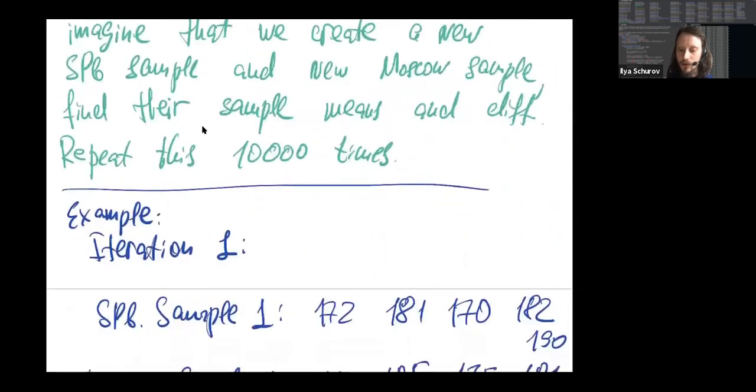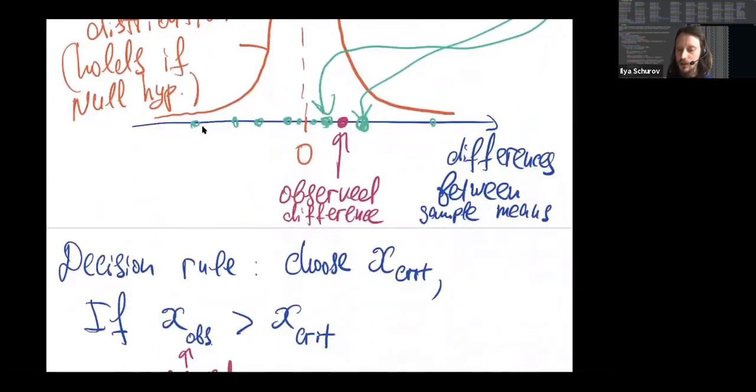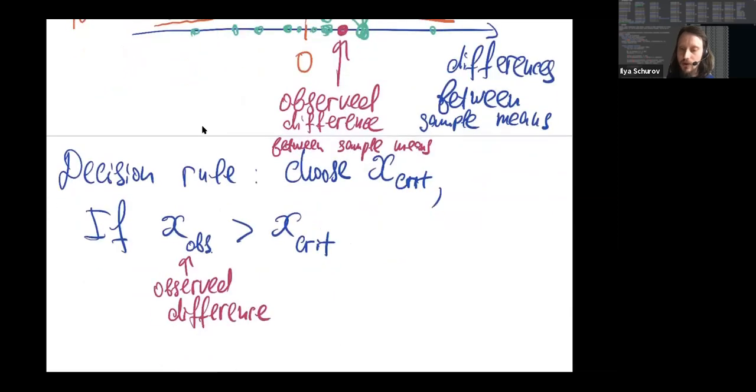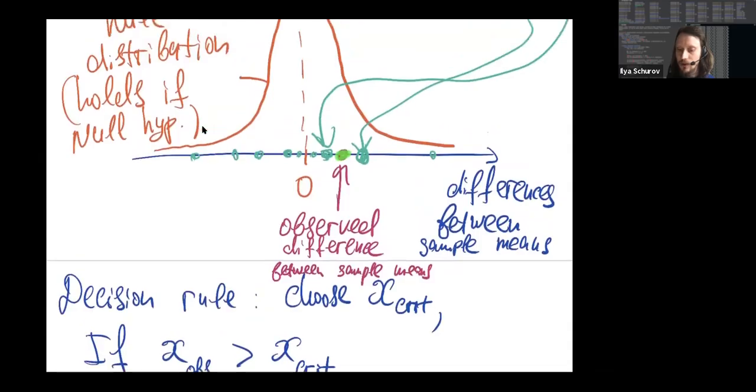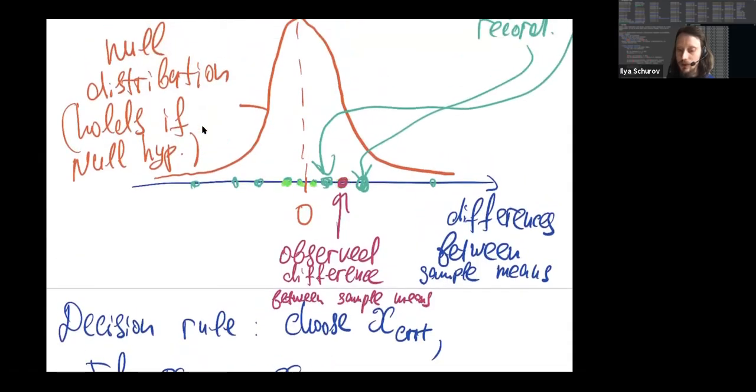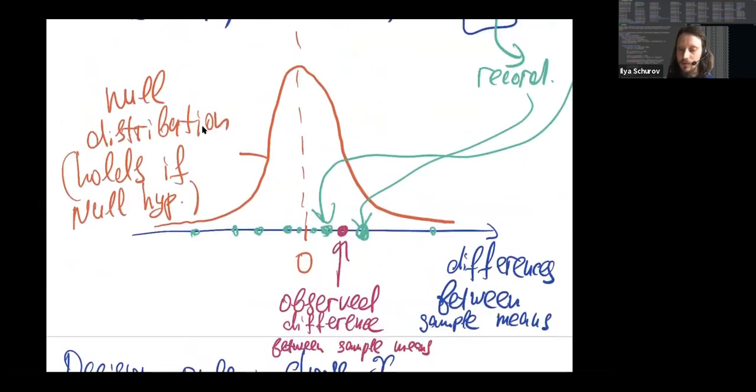So for my observed data, I calculate this difference between sample means. And now I compare this observed difference between sample means with these imaginary differences that I can obtain in my imaginary experiment when I believe in the null hypothesis.